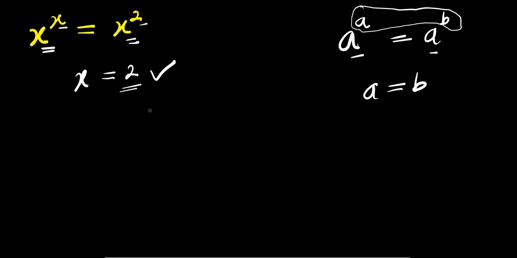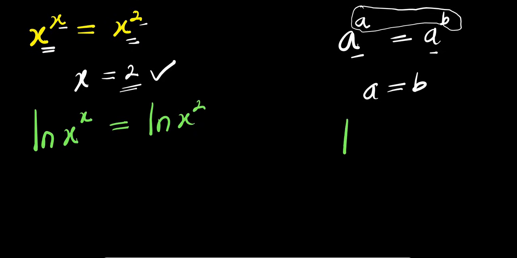This is in fact correct, but this is just one of the solutions, so we can solve for the other value of x that will satisfy this equation, because it's not only one value of x that can satisfy it. So to achieve that, we apply natural log here again.